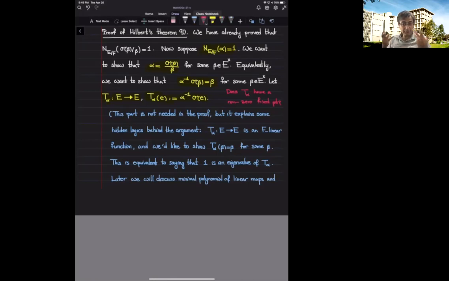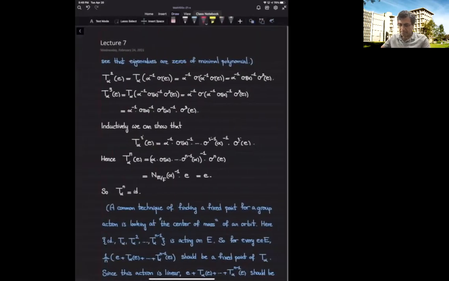In order to understand minimal polynomials, we need to understand powers of T sub alpha, and minimal polynomial means, can I find algebraic relations between powers of T sub alpha? So this is the hidden logic for our next step, where we are going to focus on understanding powers of T sub alpha.